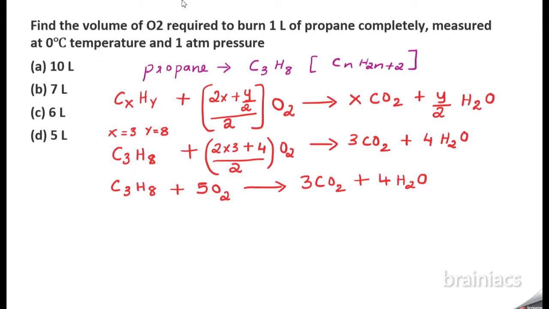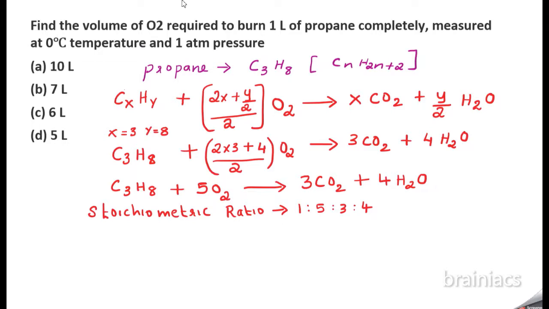Now what is the stoichiometric ratio? The stoichiometric ratio is 1 is to 5 is to 3 is to 4. And you know that whenever you are applying the stoichiometric method, the equation needs to be balanced.